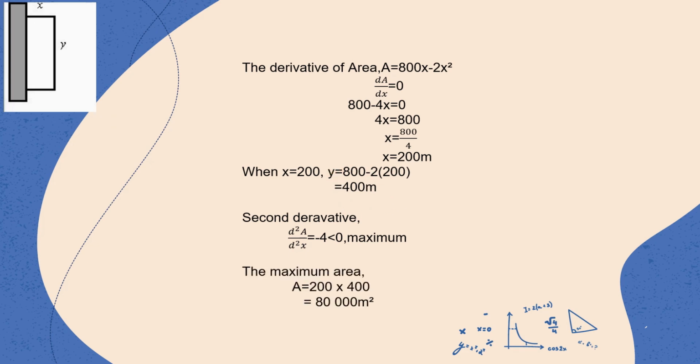So the maximum area, x multiplied by y, is 200 multiplied by 400, which equals 80,000 square meters.